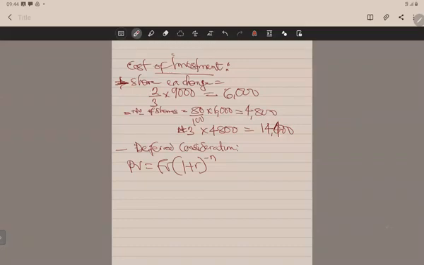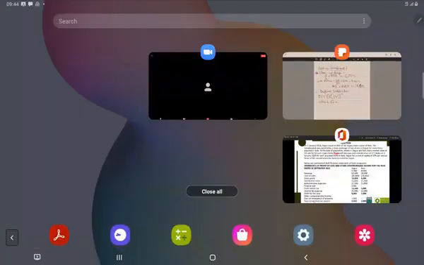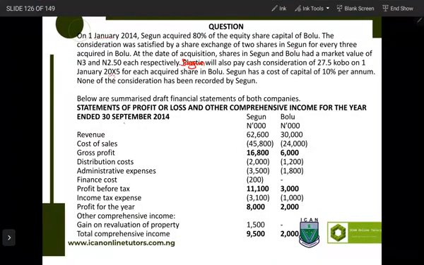When you have the cost of capital, that should call our attention. Here FV is the future value. What is the future value? Go back to your question: and also pay cash consideration of 27.5 kobo on 1st of January 2005.